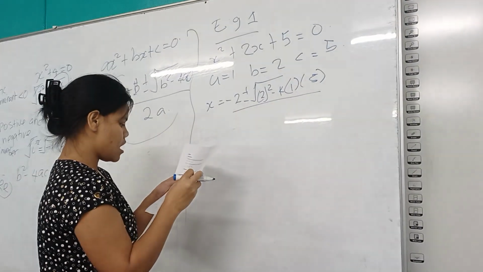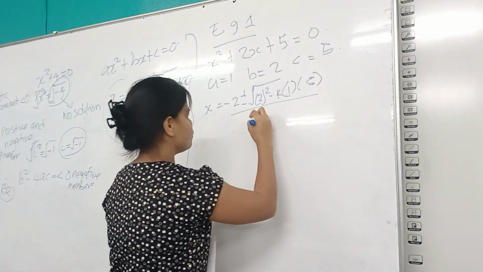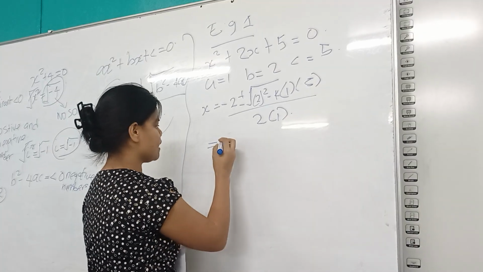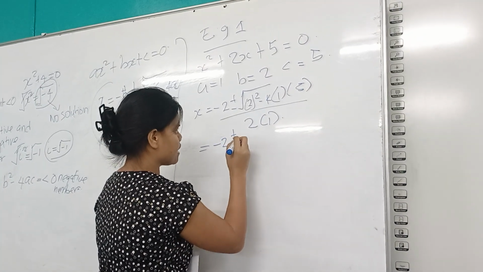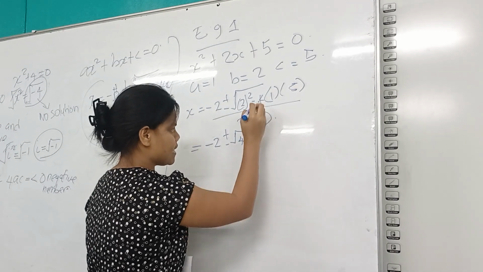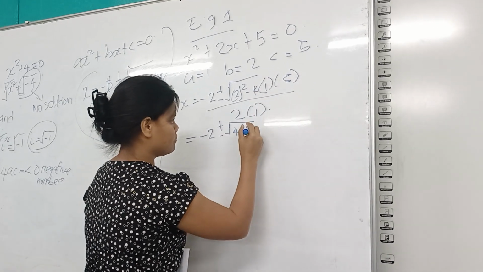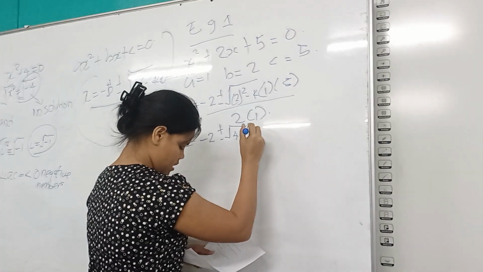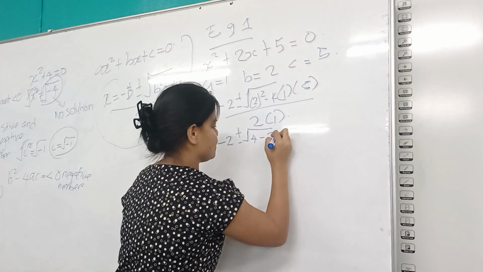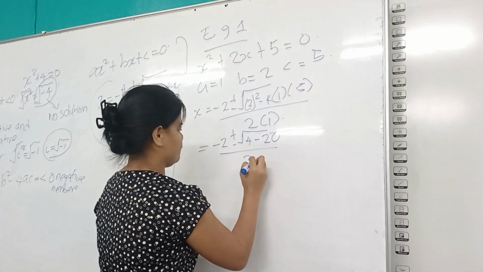All over 2 times 1. So we simplify: negative 2 plus or minus root of 4 minus 4 times 5, which is 20, over 2.